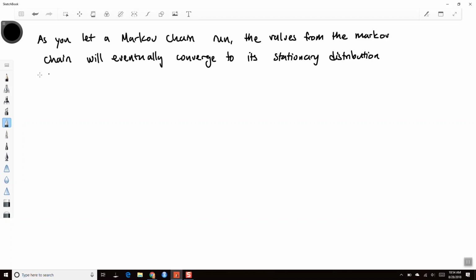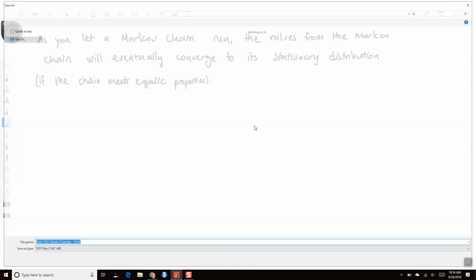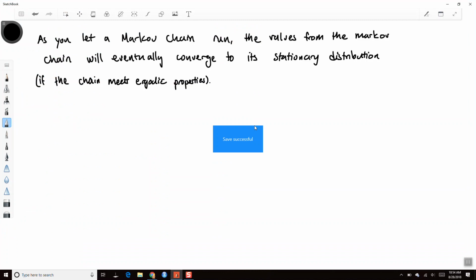Okay, I'll say if the chain meets kind of ergodic properties, right? Okay, and this is what we want: we want a Markov chain that eventually reaches its stationary distribution.